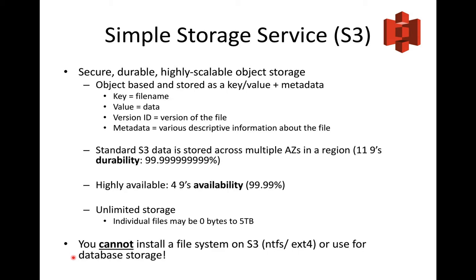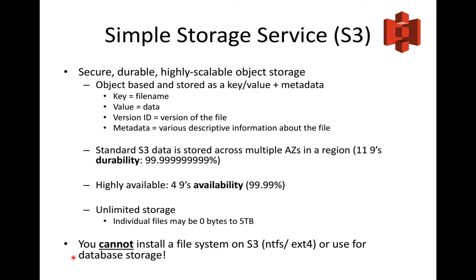So when you are creating your S3 objects and loading them into S3, you're doing so in a particular region. The objects and the data that you store in S3 are stored across multiple availability zones within the region. So the data is essentially replicated across multiple storage systems within a region.